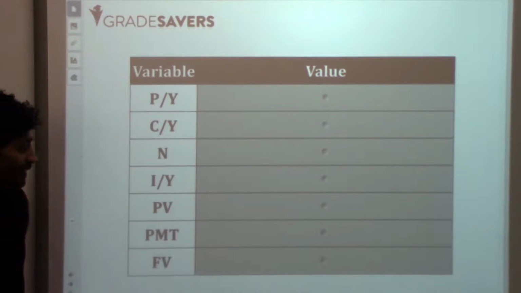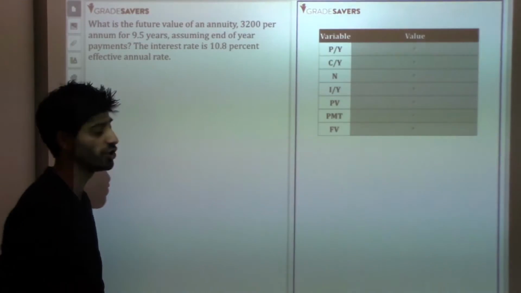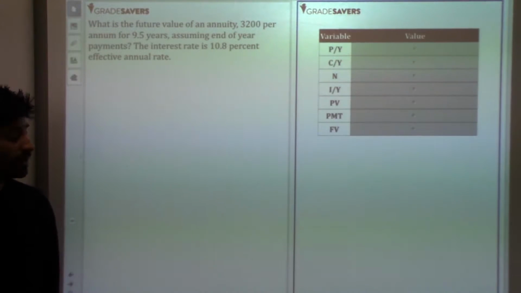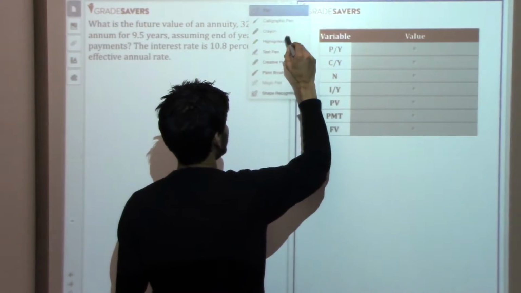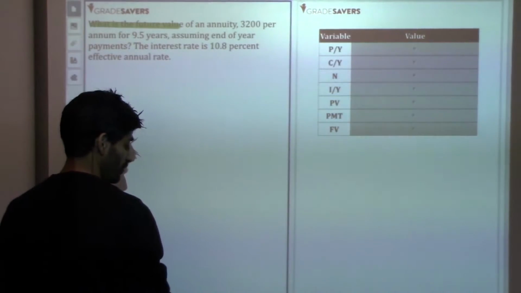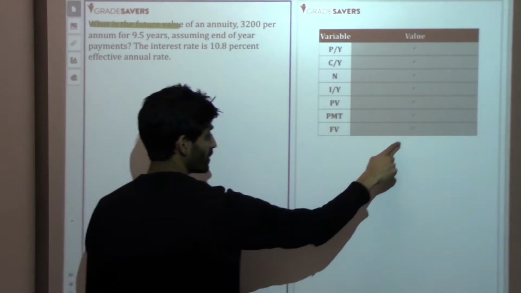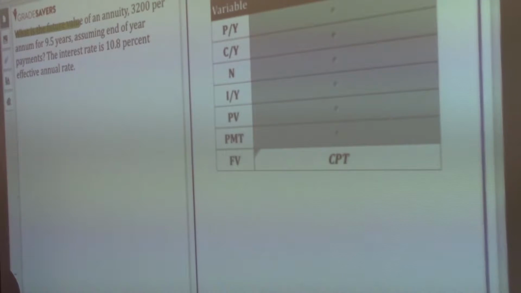And now with the help of our example, we're going to try to identify a value for each of these variables. So the question begins by asking us, what is future value? Since we're looking for the future value, it should be pretty obvious to us that FV is what we're trying to compute.